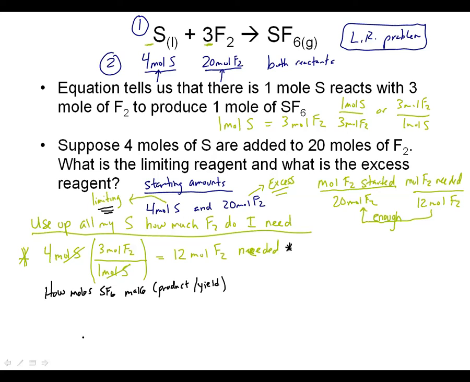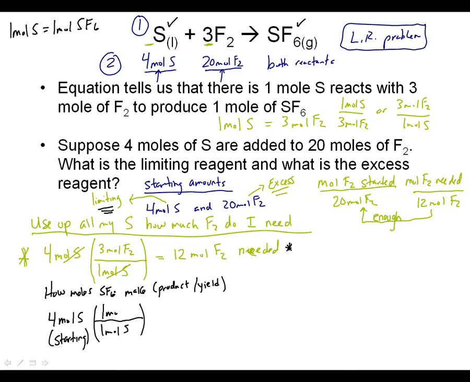Now, to do the actual calculation, we would go back to the 4 moles of S, which is our starting amount. And now what we would need is the relationship between S and the product, which is SF6. And we see that 1 mole of S gets us 1 mole of SF6. And that means that we would do a stoichiometry little step here and do our 1 mole of S gives us 1 mole of SF6.